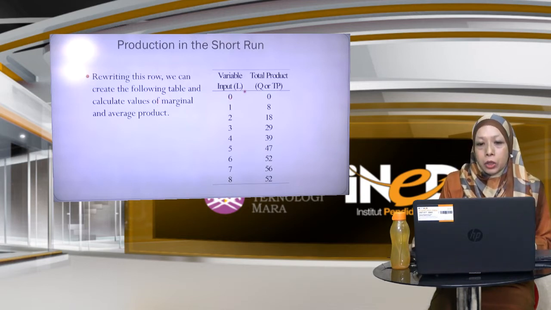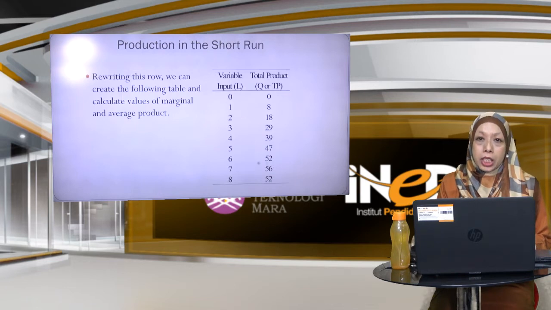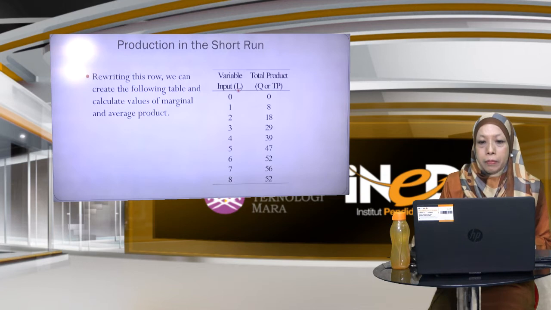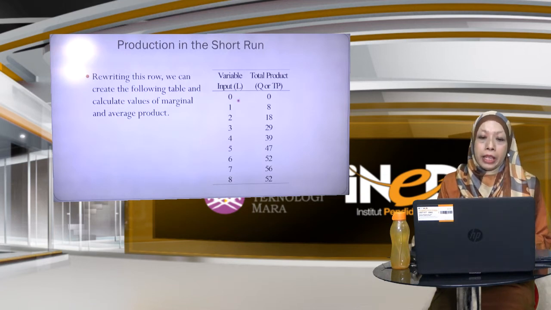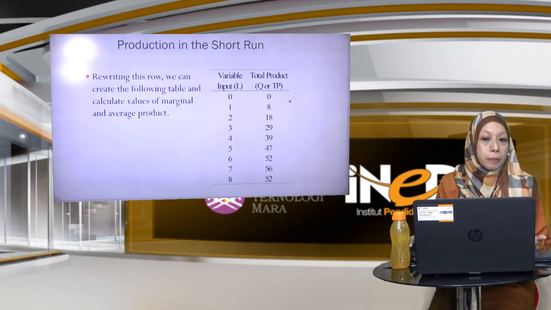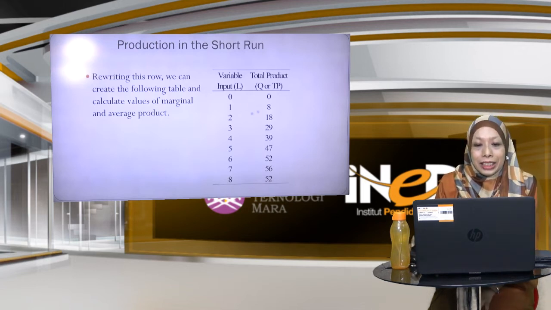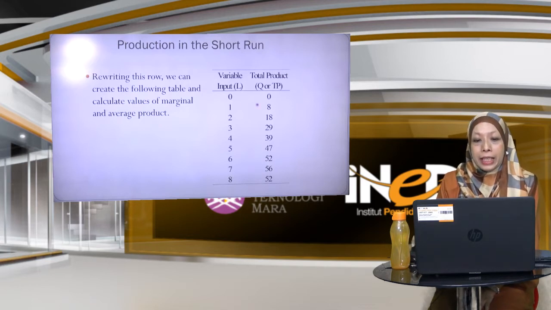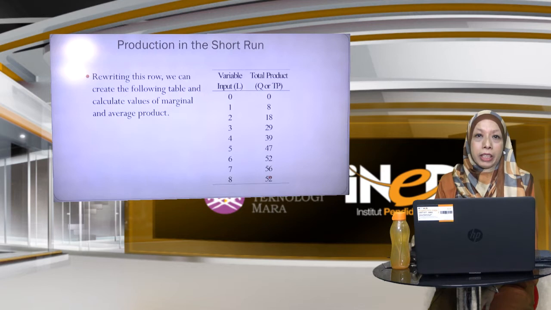So I am going to construct a table, and on one column I am going to put the variable inputs, with values from 0 up till 8. I am also going to construct the total product column based on the production table which I have shown you in the previous slides. These are the corresponding values of output based on the different levels of inputs.